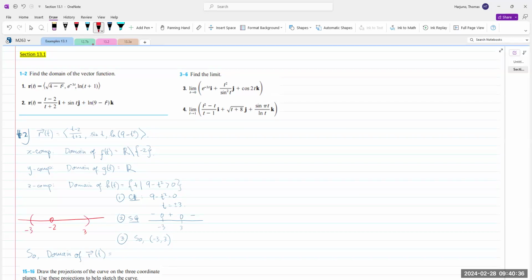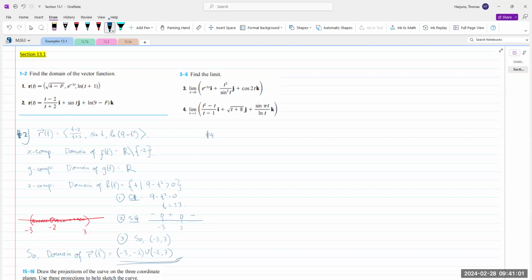So we are okay with this interval here, right? When we put things together, we can say that the domain is from negative 3 to negative 2 union negative 2 to 3. That's for number 2.